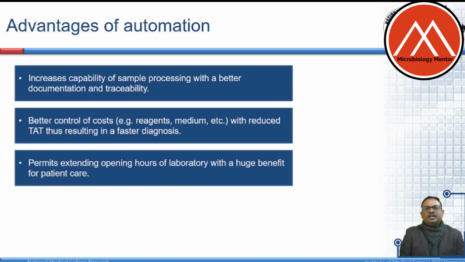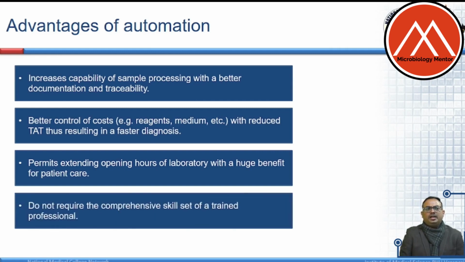The automation is also expected to permit the extension of the opening hours of the laboratory. This will benefit hugely for the patient. At the same time, the laboratory will not be dependent on the skilled, trained professional, which is a loophole for any conventional laboratory.